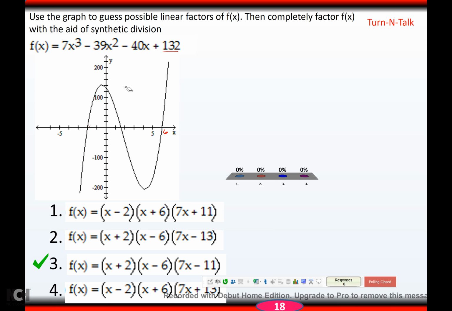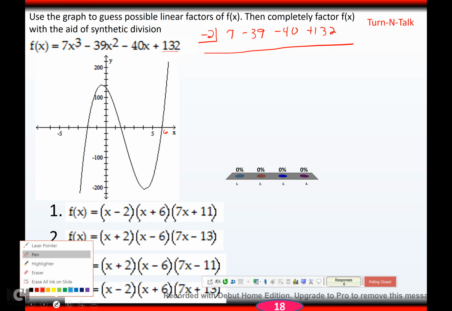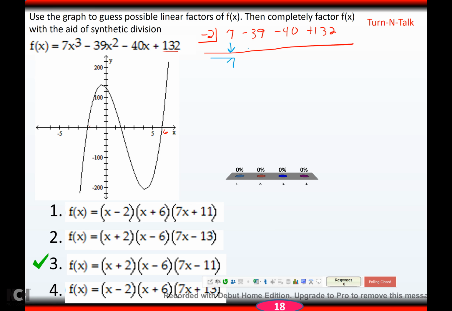So I'm going to do -2 first. So I put -2 in the hole. My coefficients are 7, -39, -40, +132. All right, 7 comes out, multiplies by -2, -14. -39 eats -14 and comes out -53. -53 times -2 is 106.